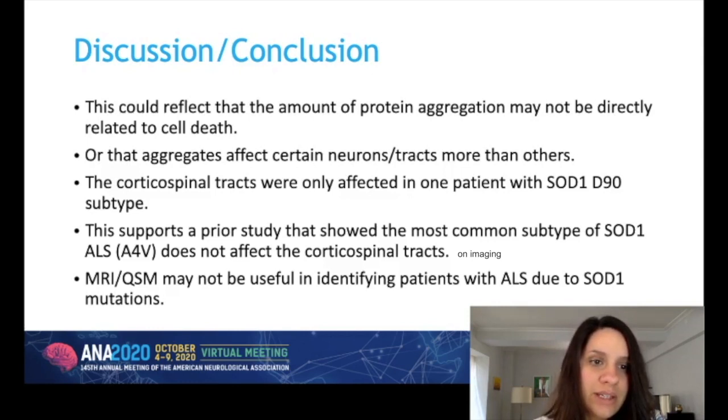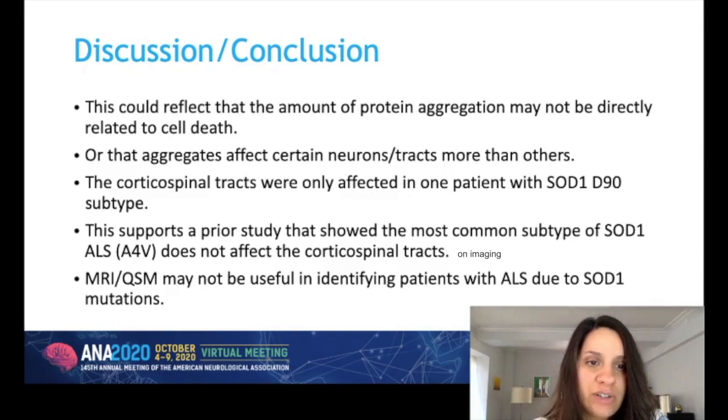We think that the fact that we cannot reflect the amount of disease burden may be due to the fact that maybe protein aggregation and cell death are not directly related to each other, or that the aggregates can affect certain neurons or tracts more than others that we're not looking at.